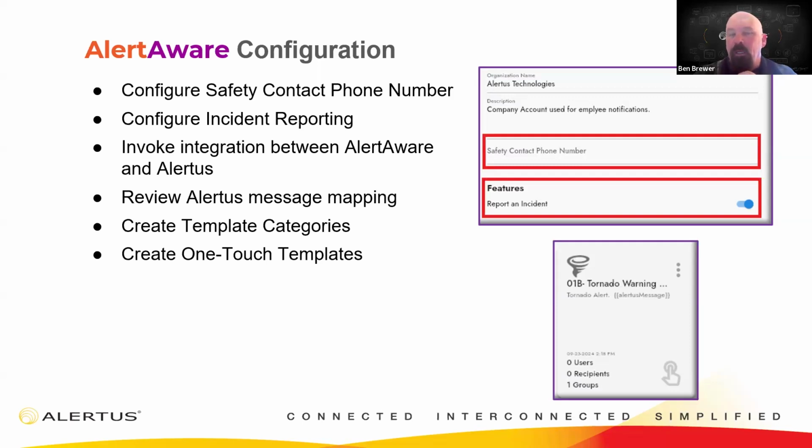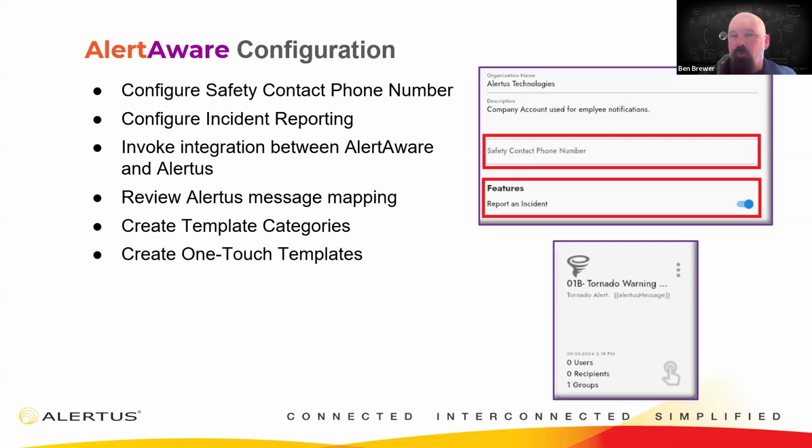So it's fully up to you as to whether you want to integrate AlertAware to activate Alertus as a fallback in the event that something happens to your Alertus notification system, your Alertus server. You'll still have the ability to get out to AlertAware and use push notifications, but you could also utilize that pathway to activate Alertus. We'll be able to initiate that integration within the AlertAware console.